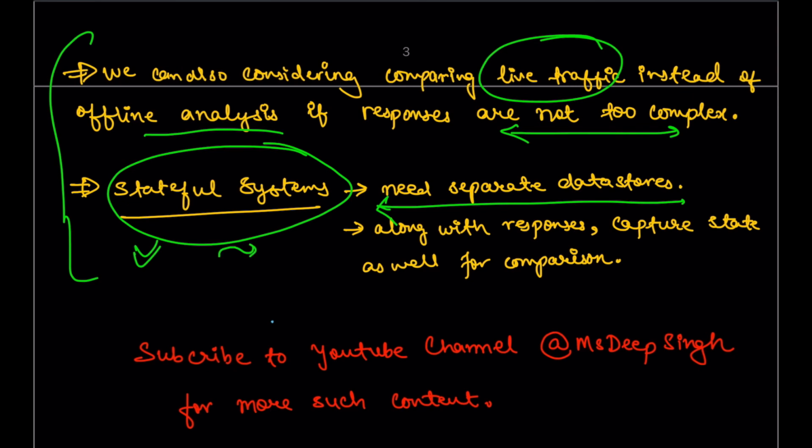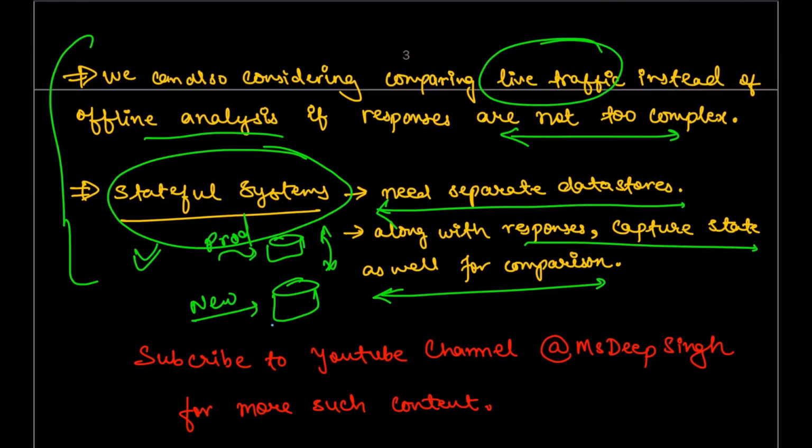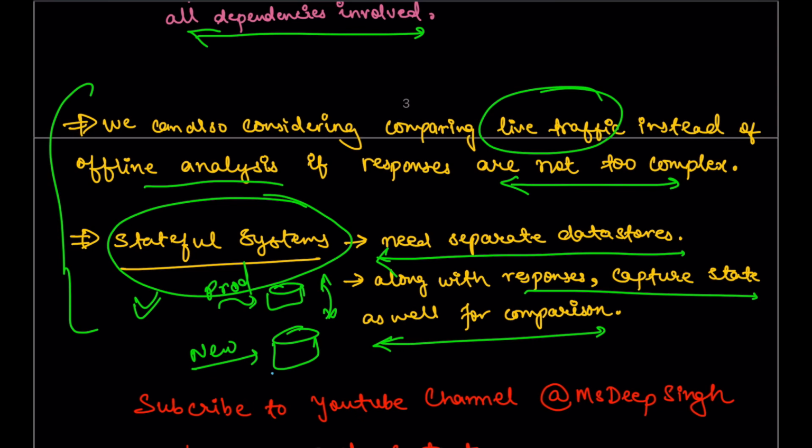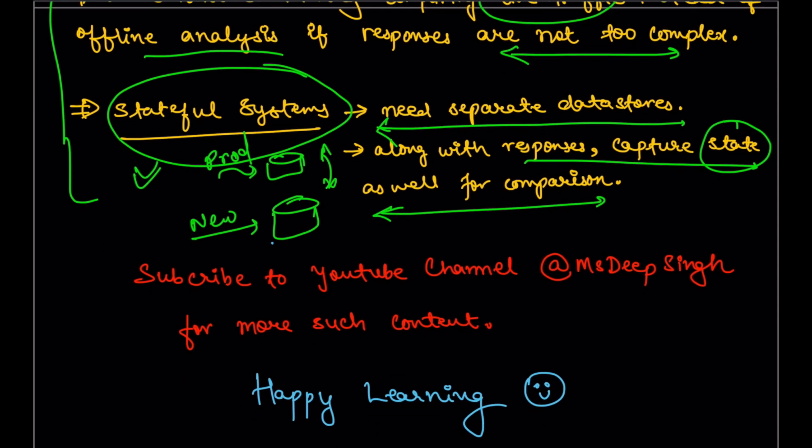You have the existing prod system and the new service, so they have to be in the same state as you start replaying the traffic to the new service, along with capturing the state for comparison. In the earlier examples we were only storing the responses of the two systems, but here we will also need state, so that for a particular state we know which response was associated, which will be useful for comparison.